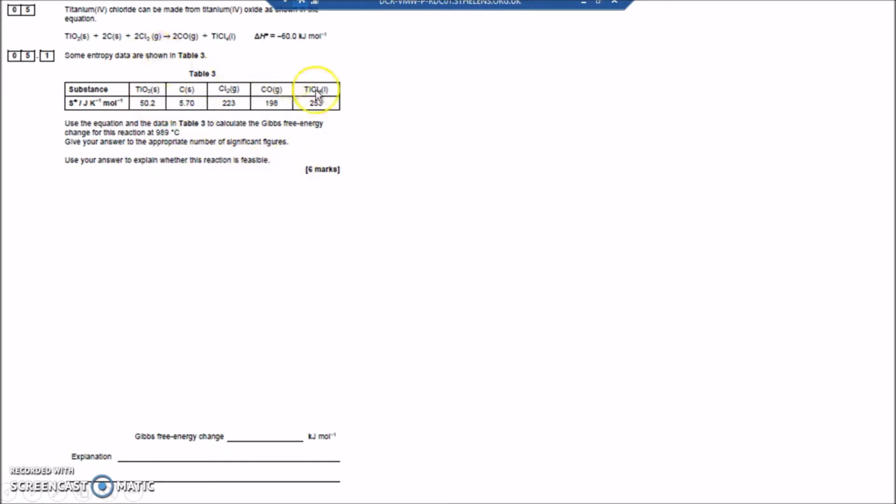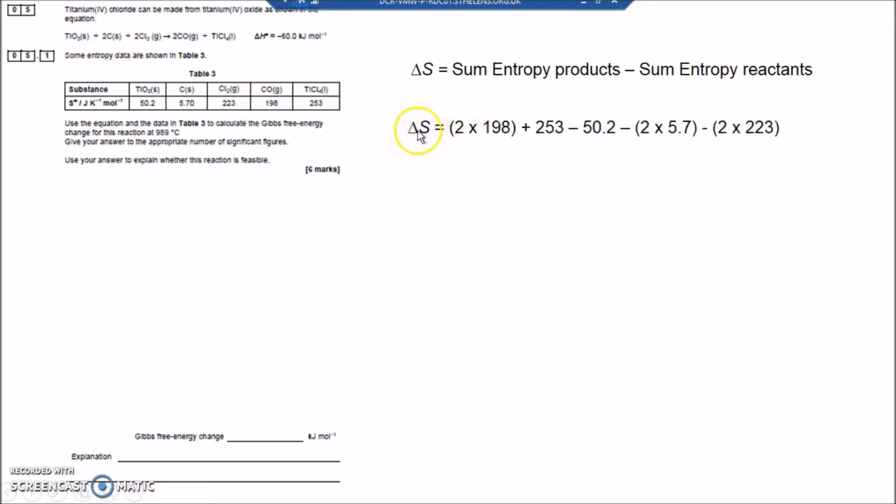So for entropy change, the entropy change is the sum of the entropy of the products, the entropy of these on the right hand side, take away the sum of the entropy of the reactants. So entropy change is this one: 2 moles of CO, so 2 times 198, 1 mole of titanium chloride, which is 253.